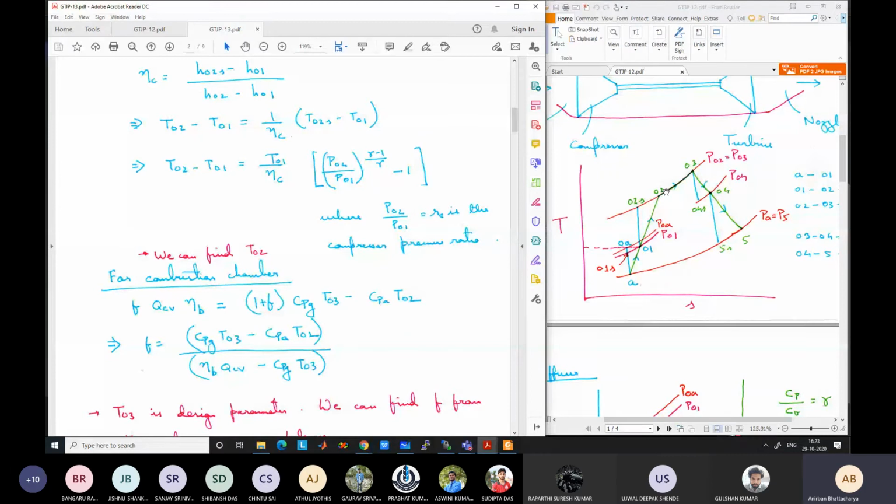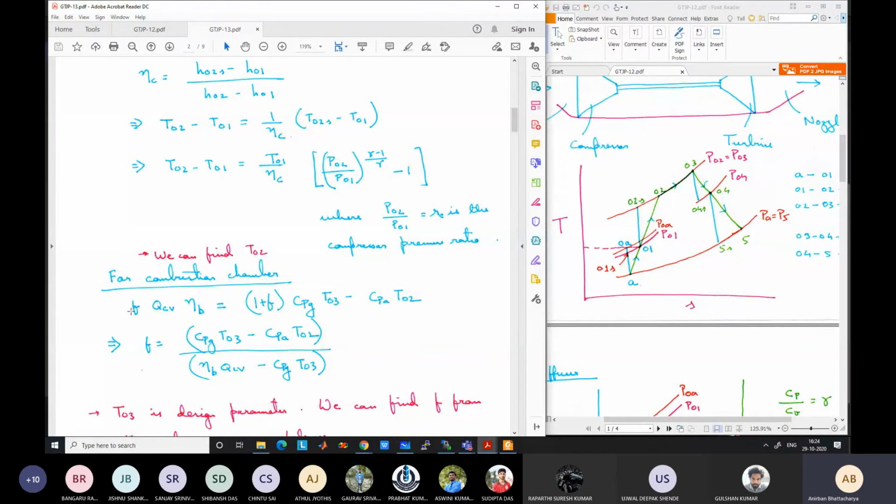This should be equal to the energy that is released by the combustion process per unit mass flow rate of the air. What is that energy? Per unit mass flow rate of the air, the amount of fuel that is combusted is F, because F is the fuel air ratio.